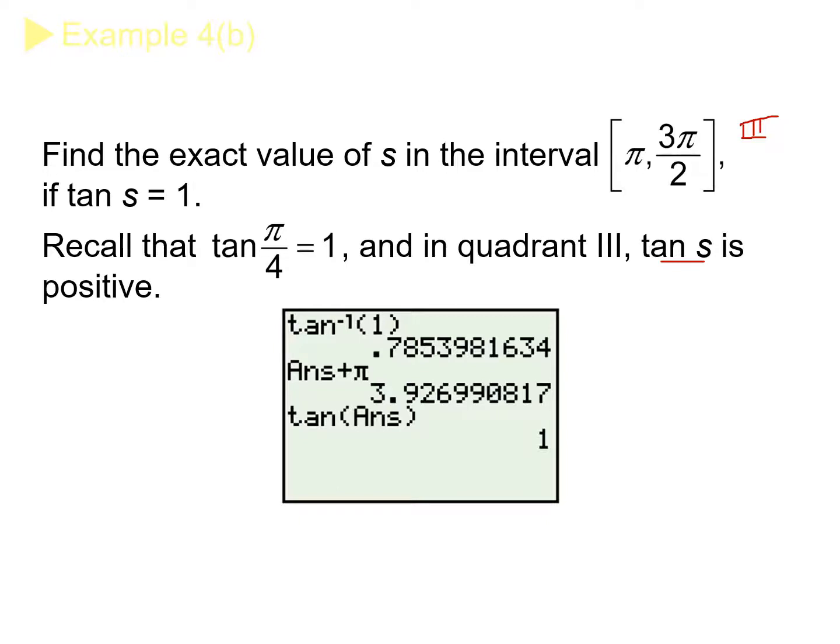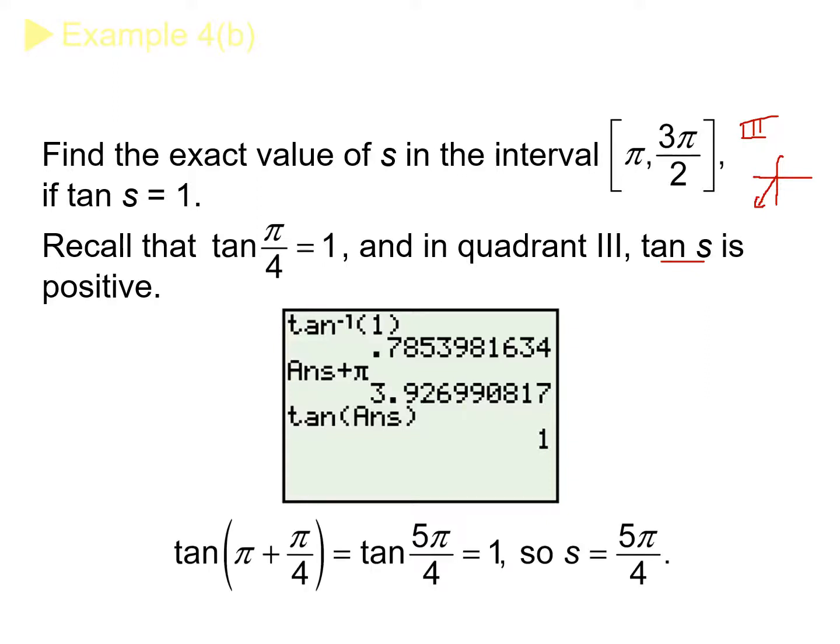Now, we're in the third quadrant, so we're going to need to add pi to it. So s becomes 5 pi over 4, because I know that tangent of 5 pi over 4 is also 1.